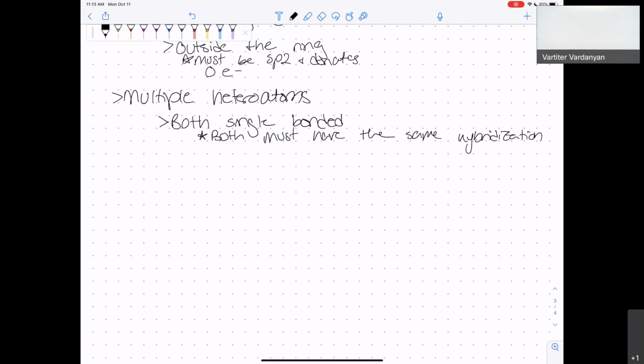So either they're both sp2 or they're both sp3. And if they are sp2, they each donate 2 electrons, aka 1 lone pair.